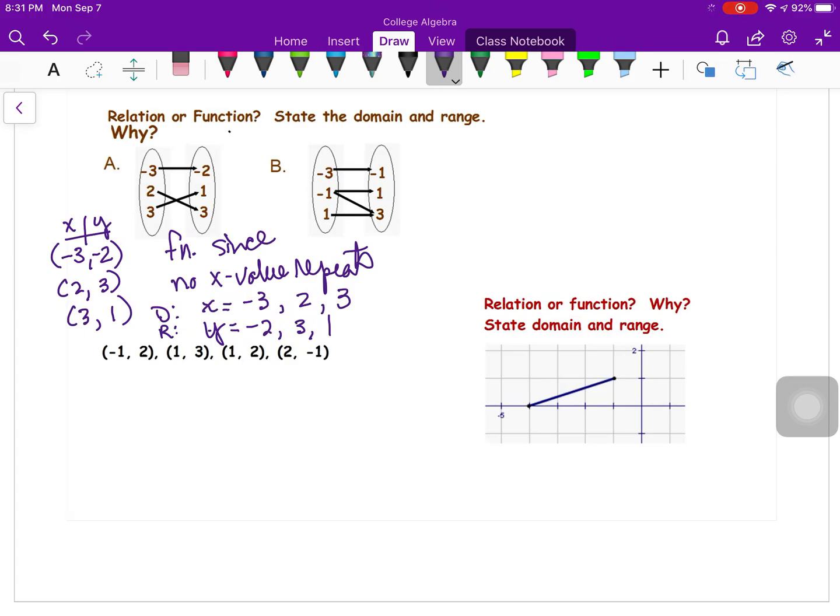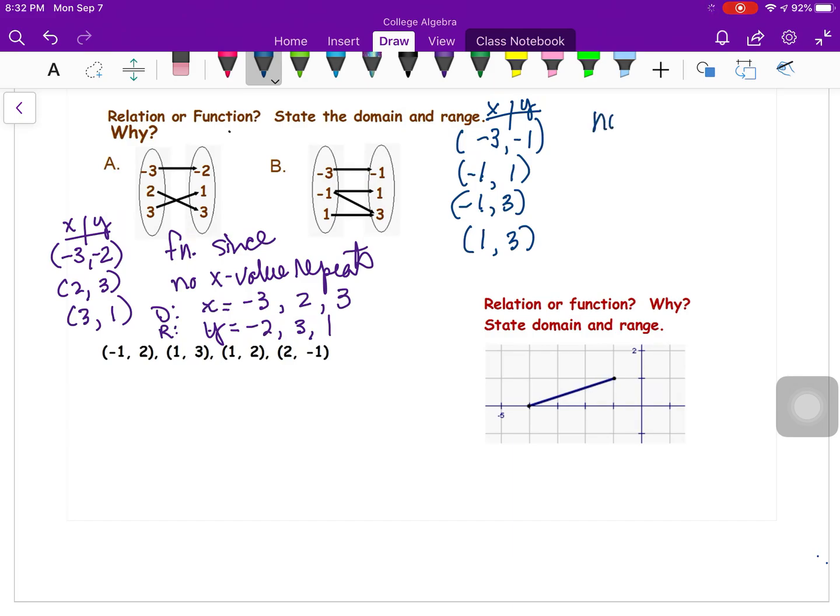Okay, let's do the same thing with B. First of all, is it a function or a relation? Let's see what our mapping tells us. -3 maps to -1. -1 maps to 1. -1 maps to 3. And 1 maps to 3. Again, these would be my X's and these would be my Y's. -3, -1, -1.